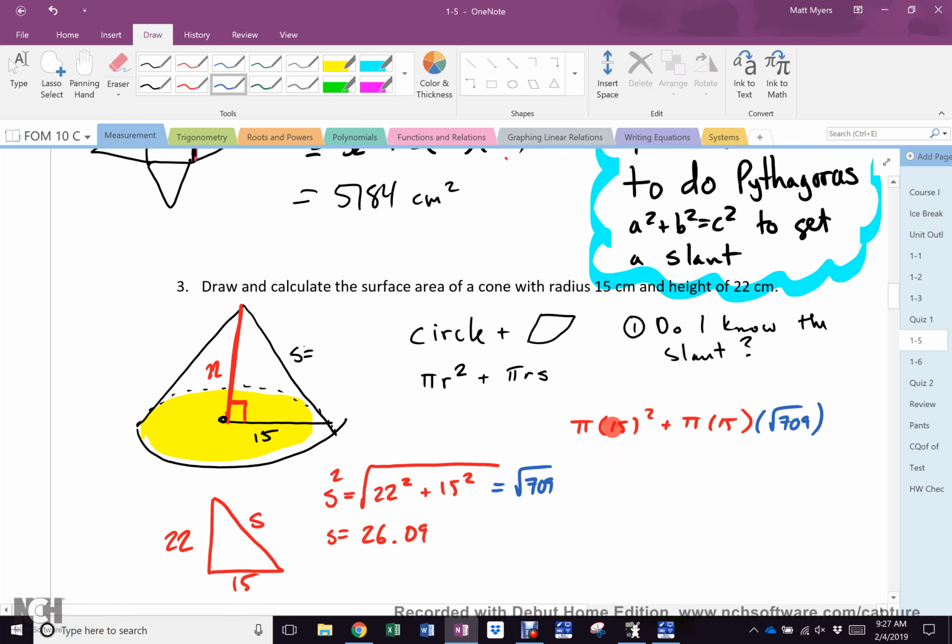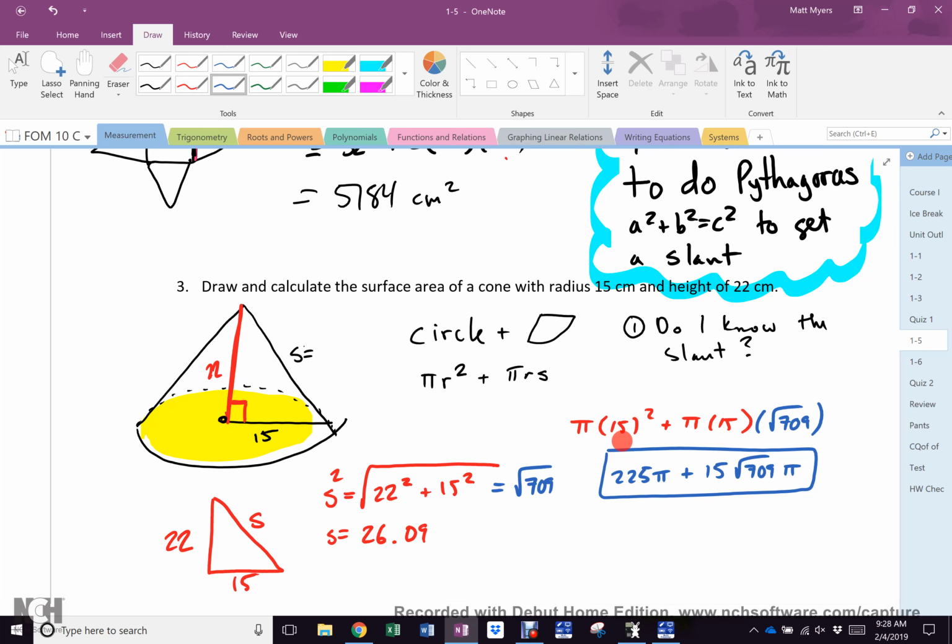So this is 225 pi. And this is 15 square root 709. And then write pi again. That is the way your math class from now on will want to see answers with pi.